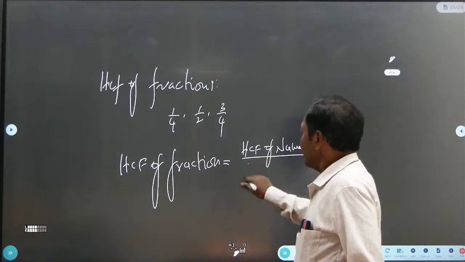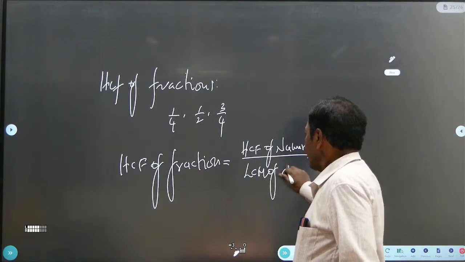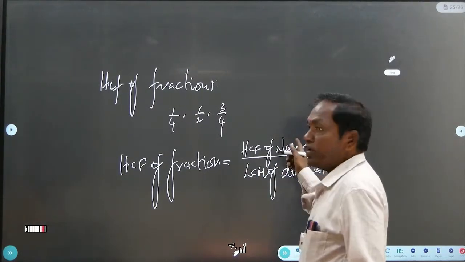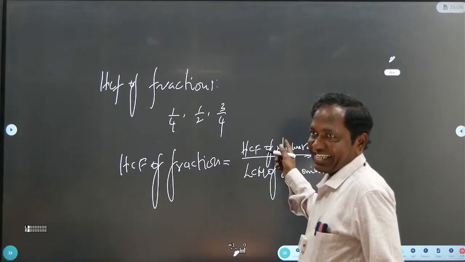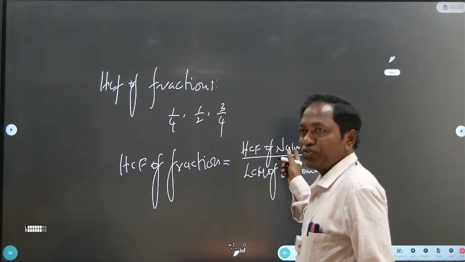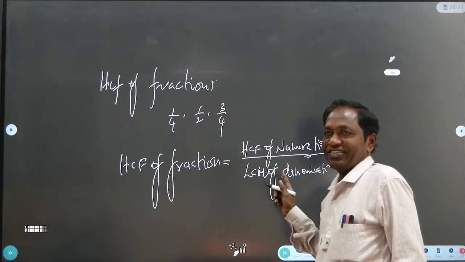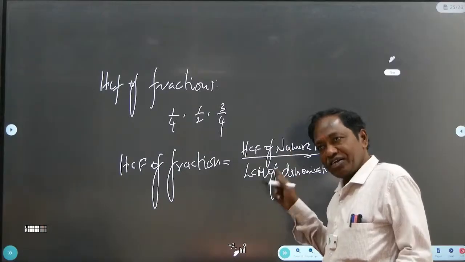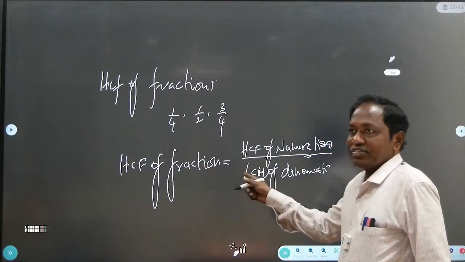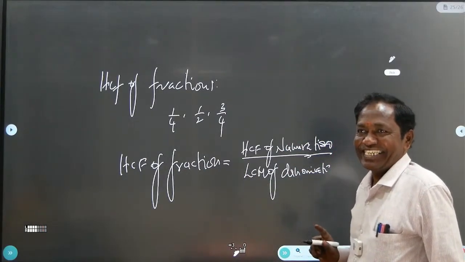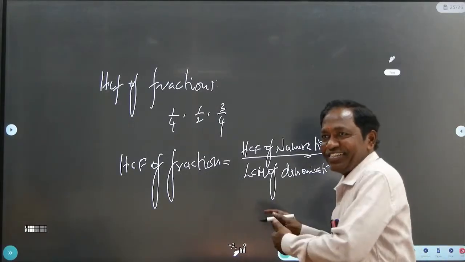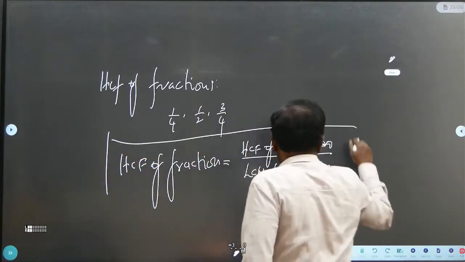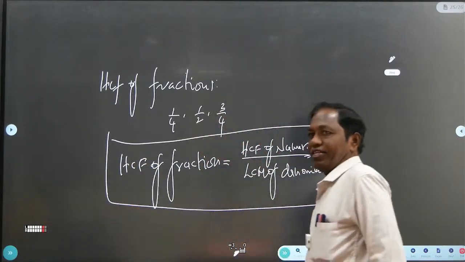Sir, there it was LCM of numerators divided by HCF of denominators. Here it is HCF of numerators divided by LCM of denominators. Whatever is asked, first one applies to the numerator. Remaining is for the denominator next. It's like that. HCF is the opposite, sir.